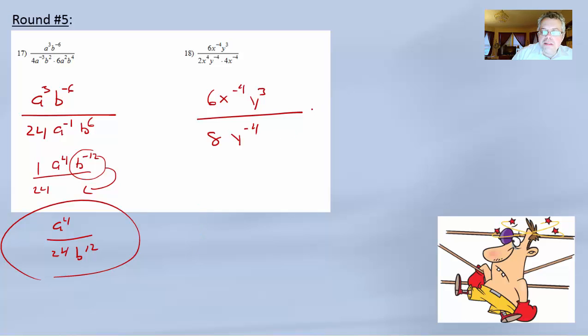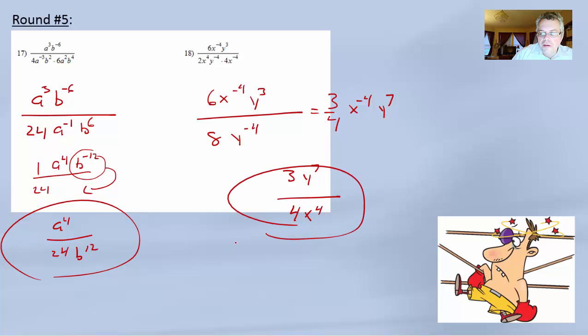Okay, 6/8 is 3/4. x to the minus 4, there's no other x's, so I'll just keep it like that. And y cubed divided by y to the negative 4 would be y to the positive 7. And let's rewrite it. We're going to have 3y to the 7th in the numerator. Denominator, we got 4x to the 4th.